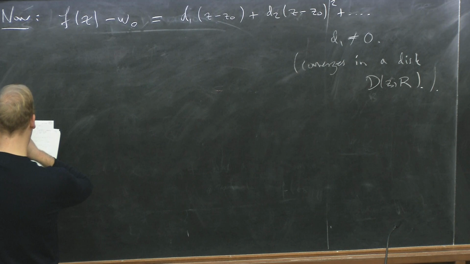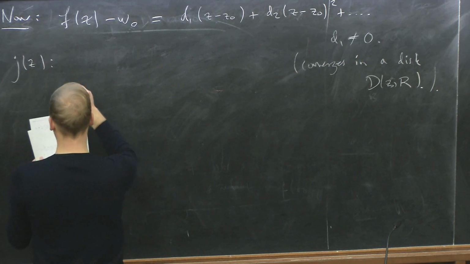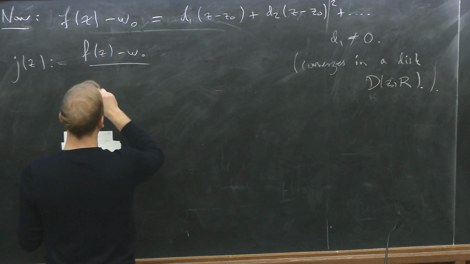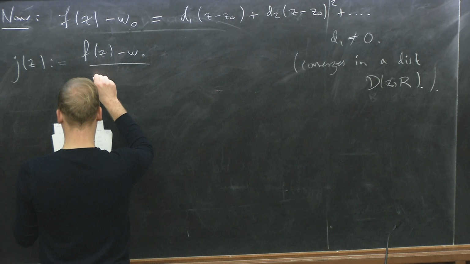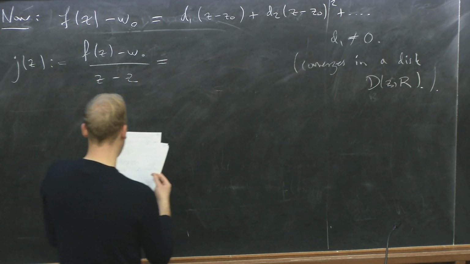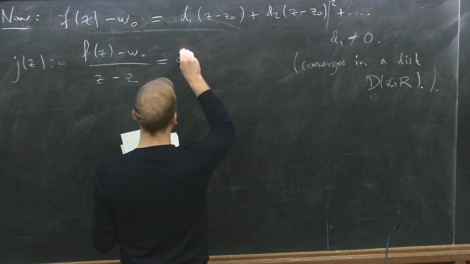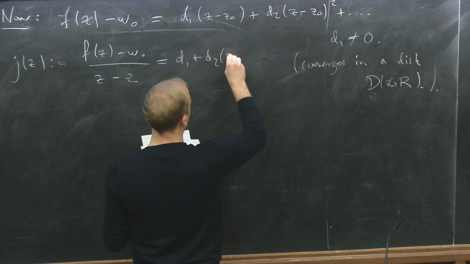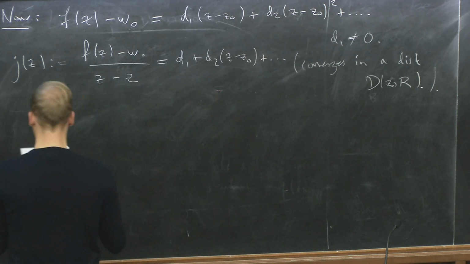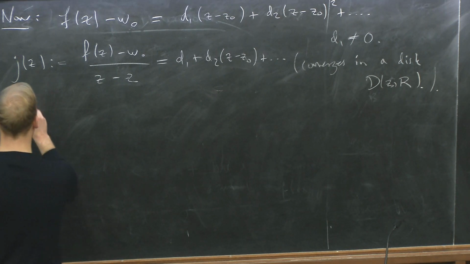And now we look at, let me write it, j of z, which would be this function f of z0 minus w0 over z minus z0. Well, then what is this? It's equal to the same thing, just I divide by this. So it's equal to d1 plus d2 times z minus z0 plus and so on. And this one still converges in the same disk.